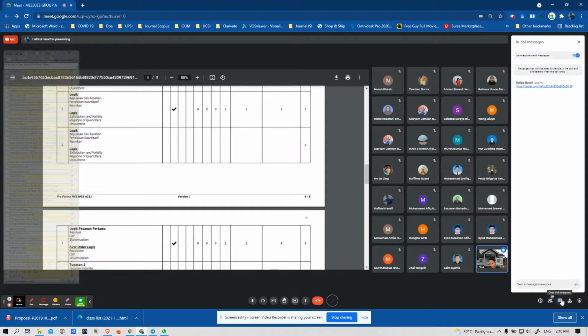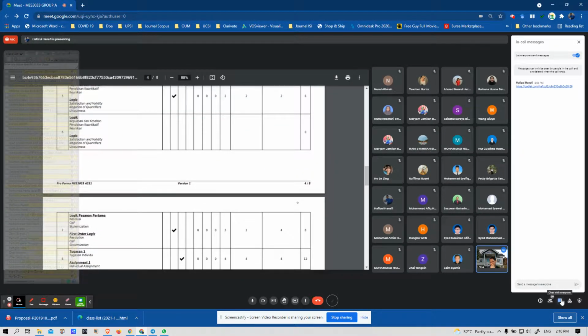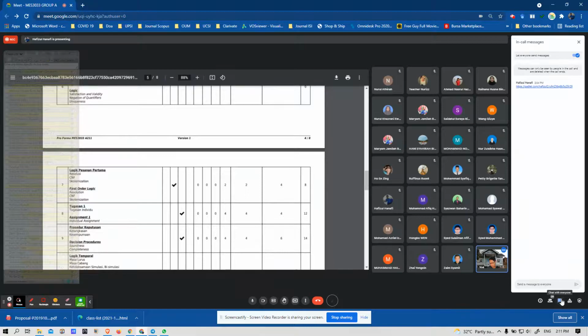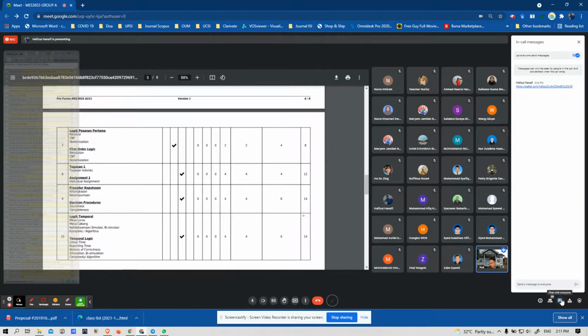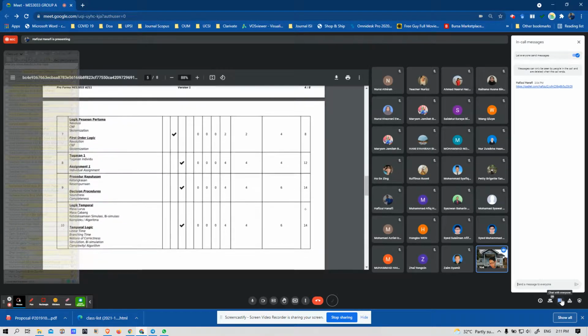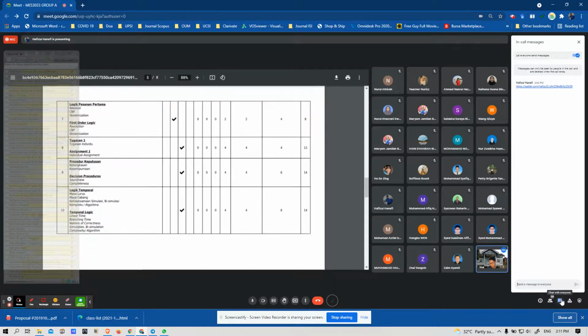Then in week 7 we go by normalization, CNF and resolution. Then we have individual assignment 1, and then soundness and completeness.